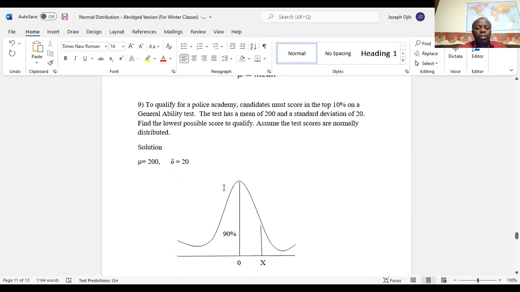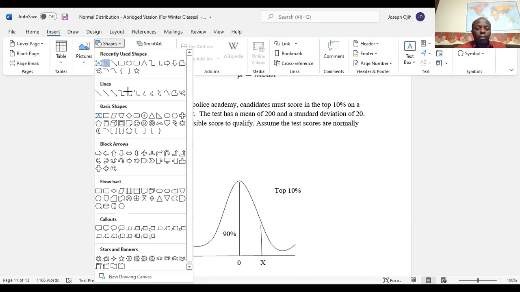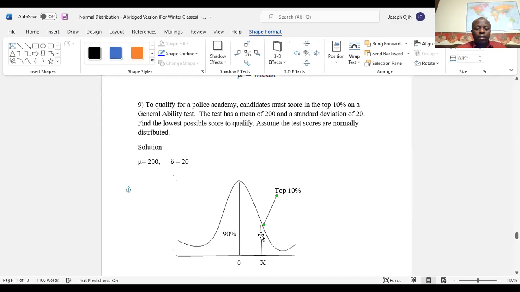But yours is in the top 10%, so I'm going to write that here. Top 10%, it should be around here. It's on the tail. Oh, my mistake, I put the wrong one.